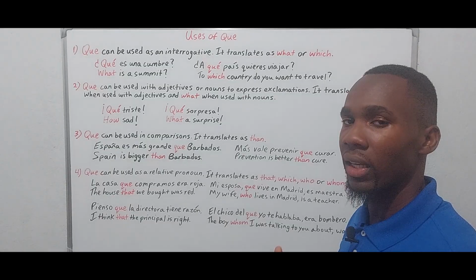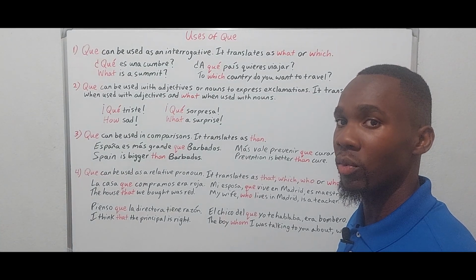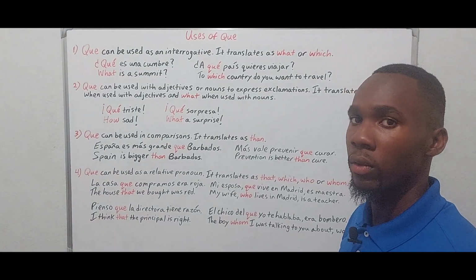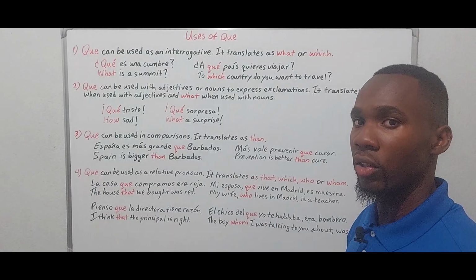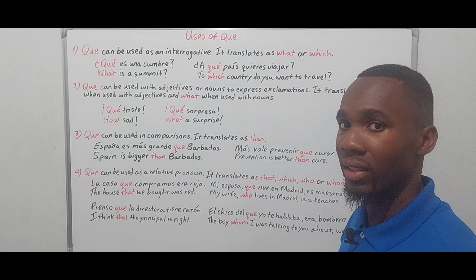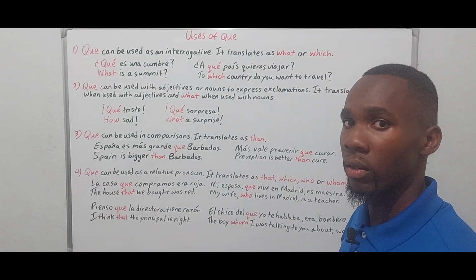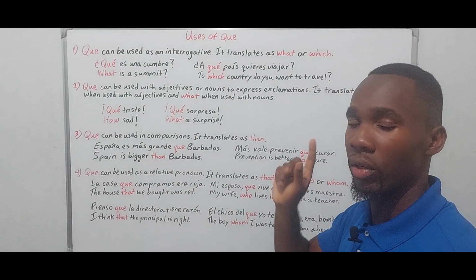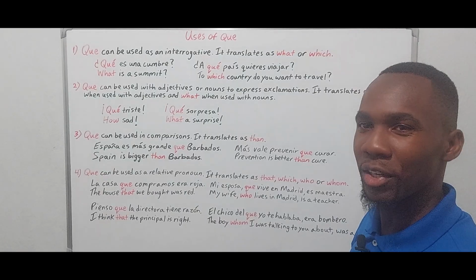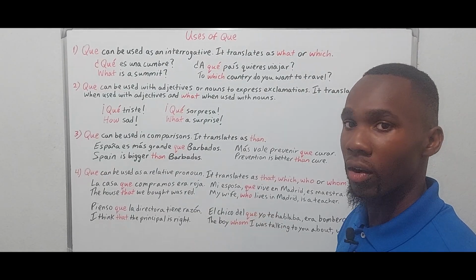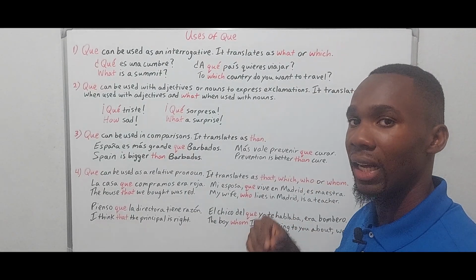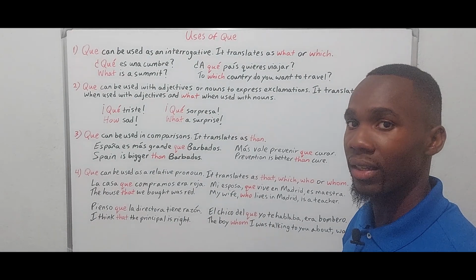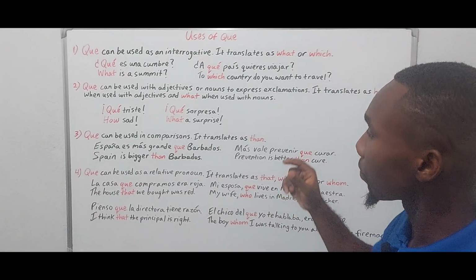Many persons think that which is always going to be cuál, but no. And I'm actually going to include the video that I recorded on que and cuál in the description, okay?